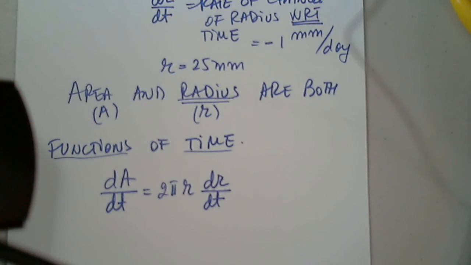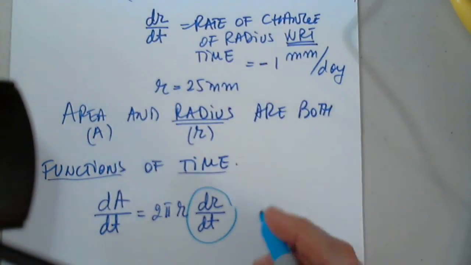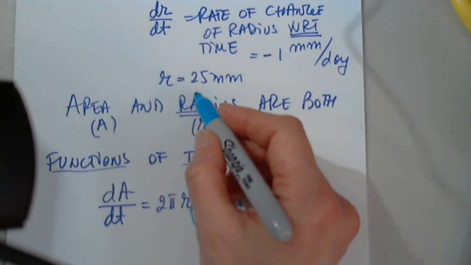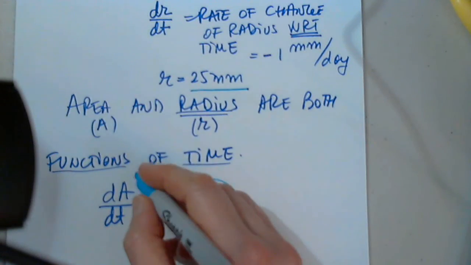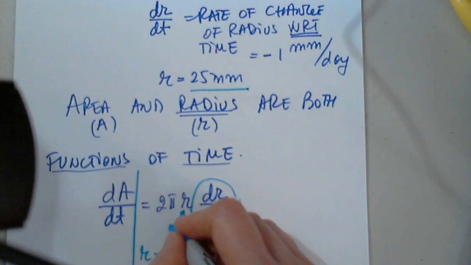And I have all the information I need. dr over dt is given -1. 2 is a number, pi is a number, and r is given 25. So when r equals 25.